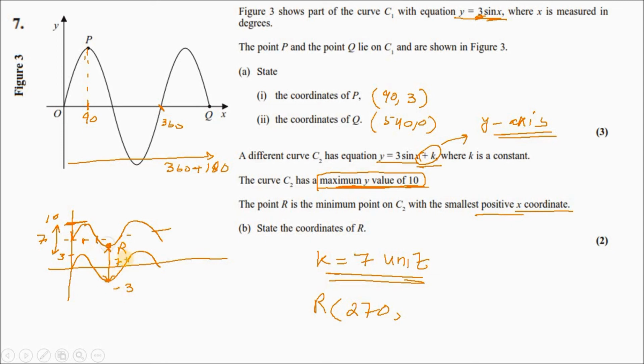What should be the new position? It is 7 minus 3, which is equal to 4. So the new position of R, the minimum point of the curve, is 4. These are the coordinates of R. So 270, 4. It's better if you draw the graph to show your understanding.